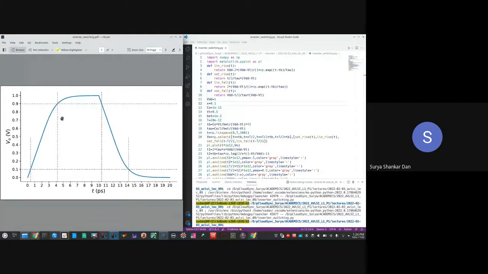You can choose 0.2 also, depending on the particular application. However, it's not mandatory that you choose 0.2 or 0.1. Preferably, if nothing is specifically mentioned, we will choose 10% of VDD, that is 0.1. Now, if it is 10% of VDD rather than 20% of VDD, what is the advantage? Can anybody tell me now?